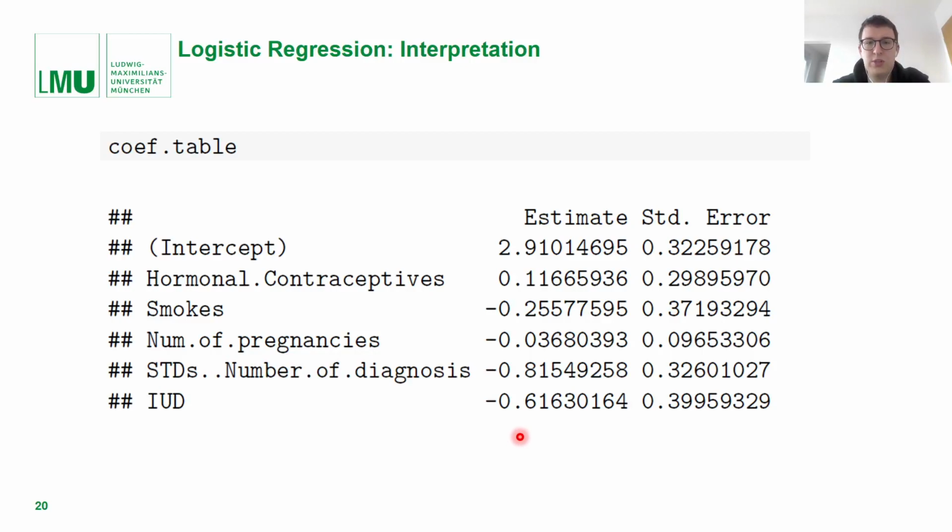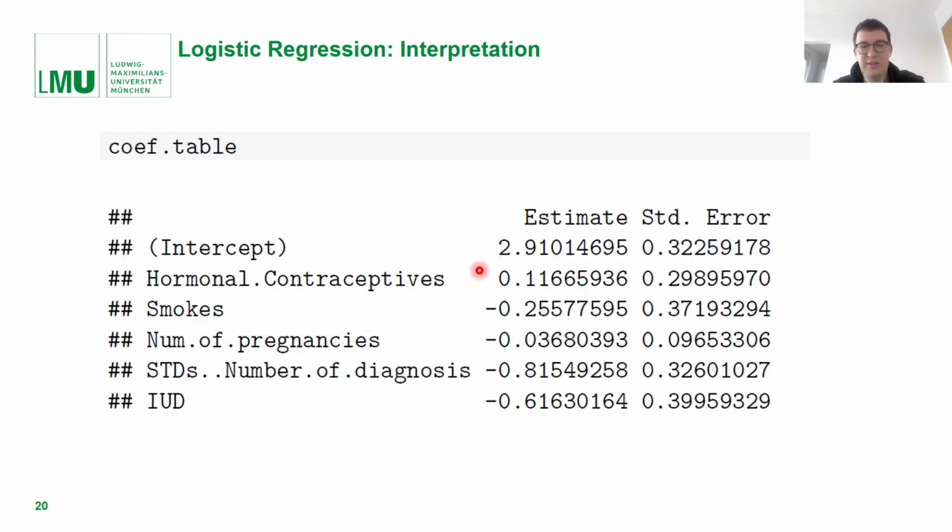So with respect to interpretation, I can just give you two good tips how you can interpret what can be interpreted in a table like this. First of all, the sign, so whether the coefficient is negative or positive. We can in general say if a coefficient is negative, it has a negative effect on the dependent variable.